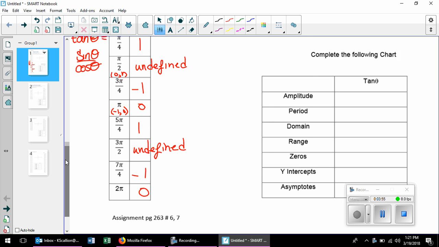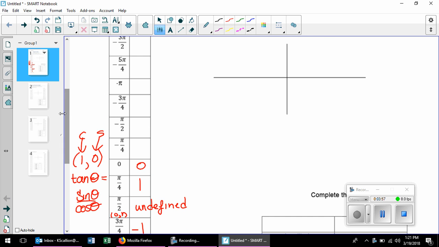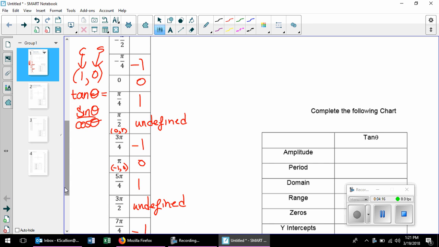All right, so we're given negative side of this. Negative pi over 4 puts me in quadrant 4. So what is it negative in quadrant 4? -1. Okay, I want you to look at the pattern, if nothing else. 0, 1, undefined, -1. 0, 1, undefined, -1.